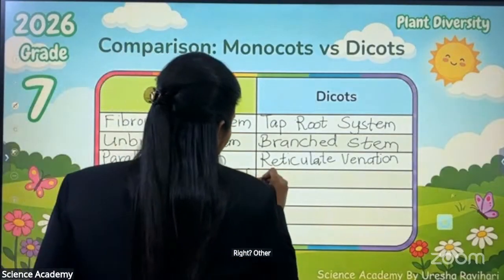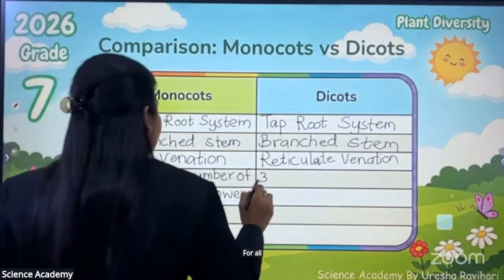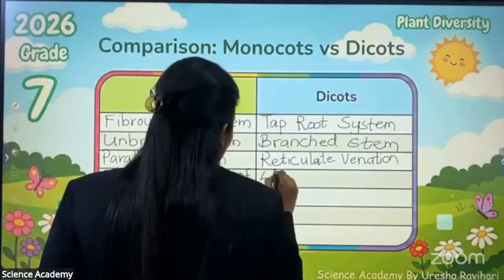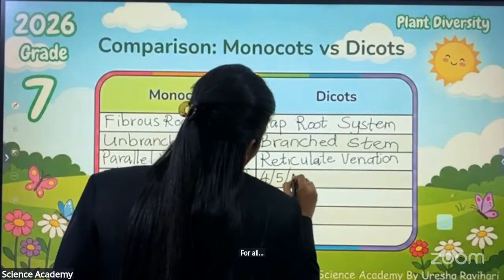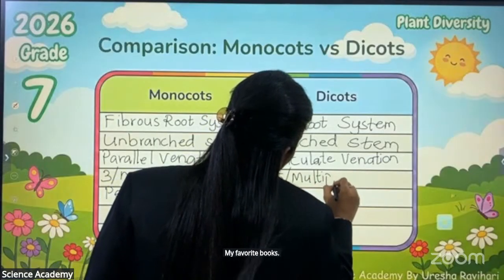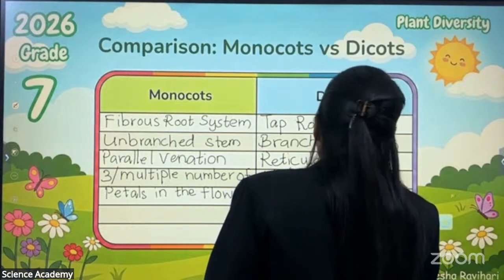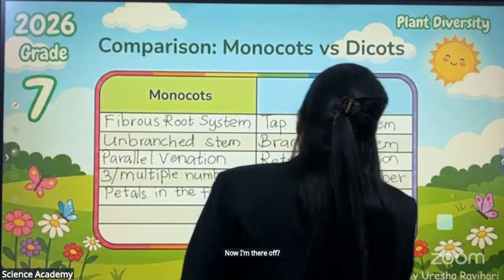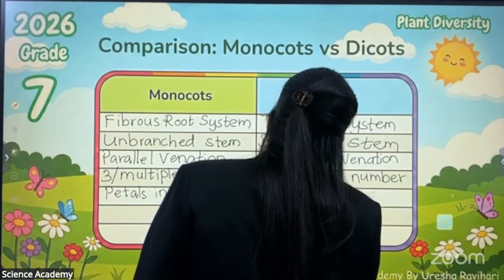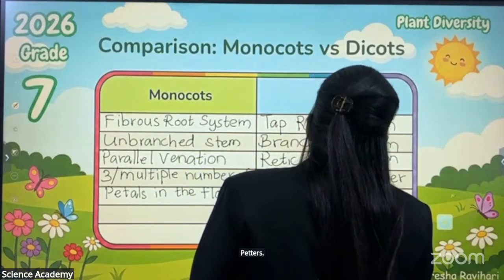Other one, sorry, not three, 4 or 5, multiple number of petals in the flower.